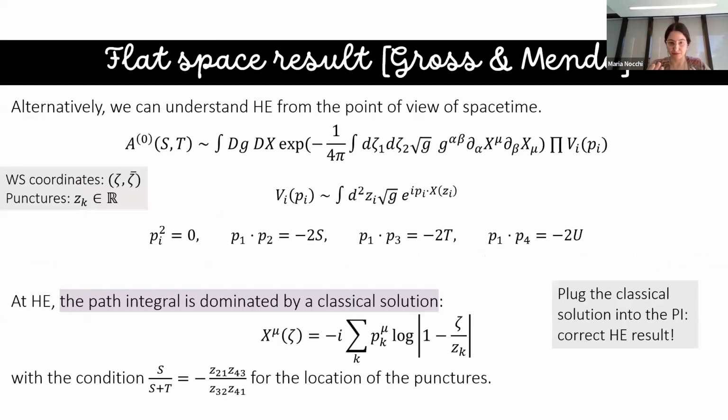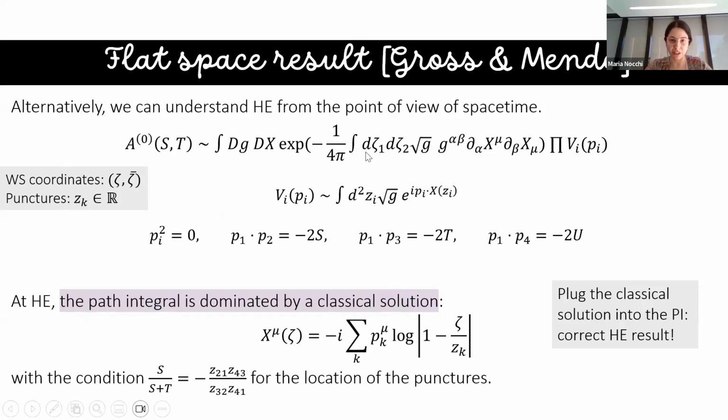Right, so before doing this analysis for AdS, let me just review the result from another point of view, which is the point of view of space-time. We have the Polyakov action, the free theory, with the insertion of the vertex operators that I talked about at the very beginning.